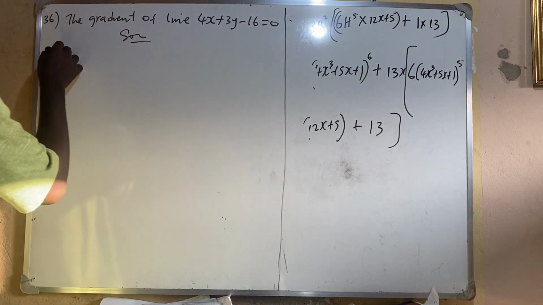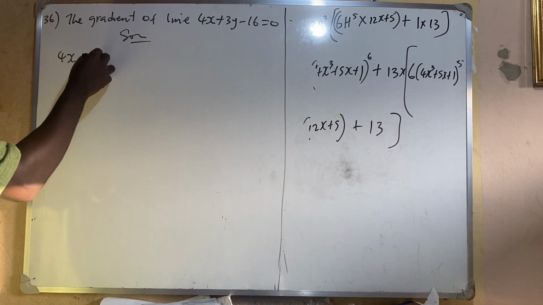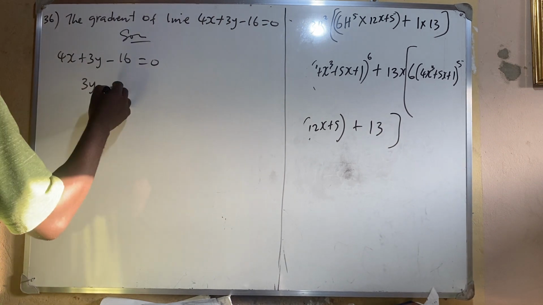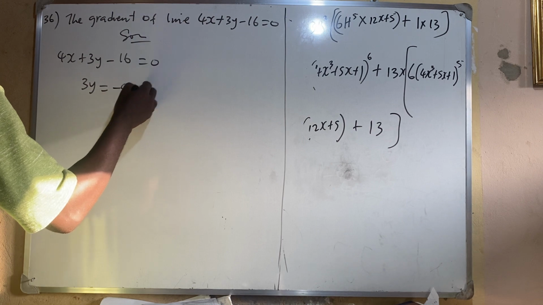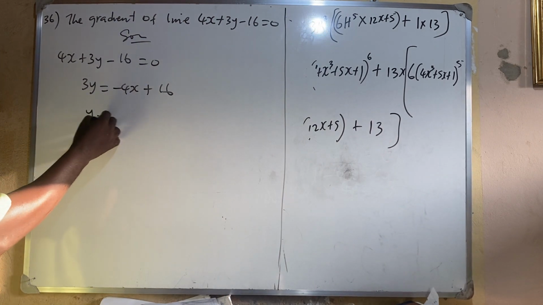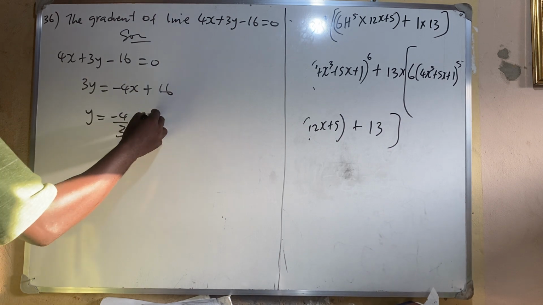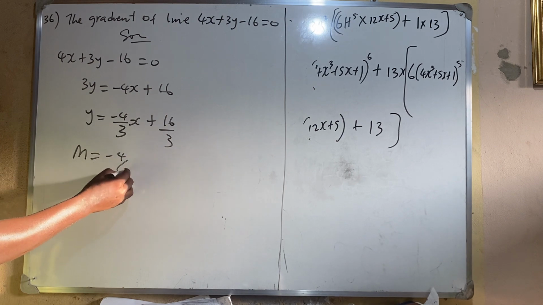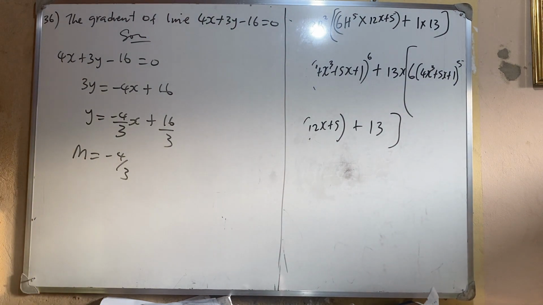So I have that 4x plus 3y minus 16 is 0. So 3y is equal to minus 4x plus 16. Divide everybody by 3 so that y can stay alone. Y will now be minus 4 over 3 x plus 16 over 3. So my slope is simply minus 4 over 3. The coefficient of x when you make y the subject of the formula is your slope.